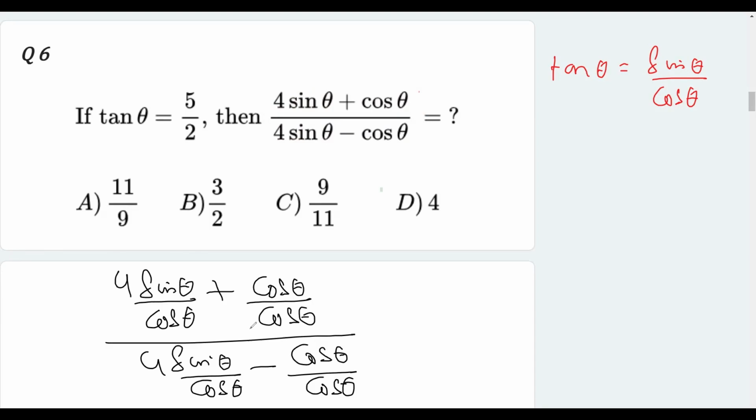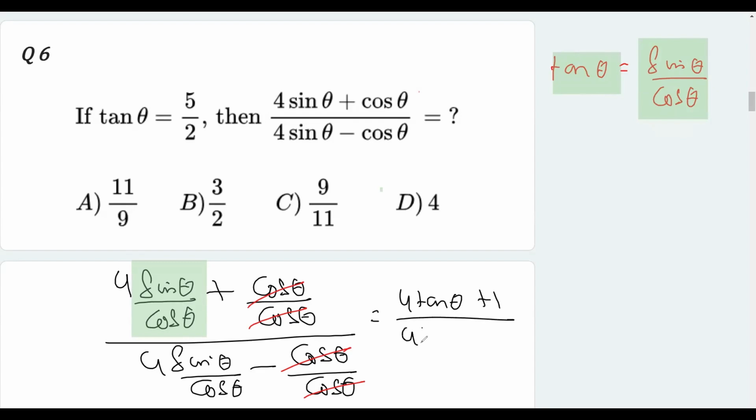Here cos and cos get cancelled. So we are left with 4 times sine over cos. As I said, sine over cos is tan, so replacing it, it is 4 times tan theta plus 1. Below it is 4 times tan theta minus 1.